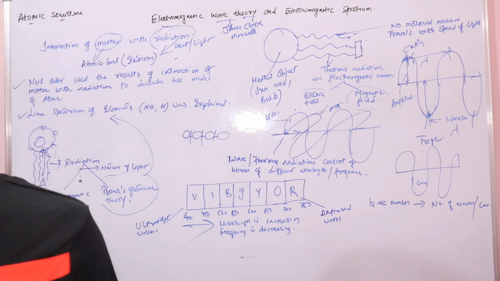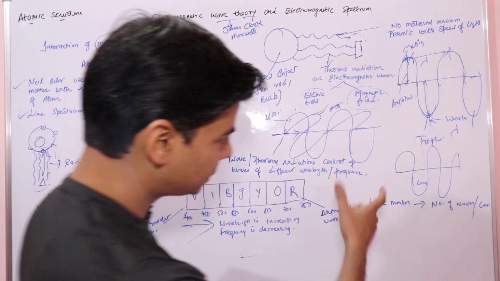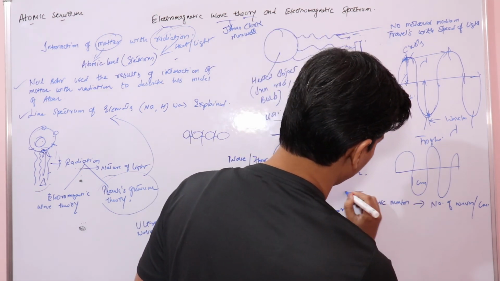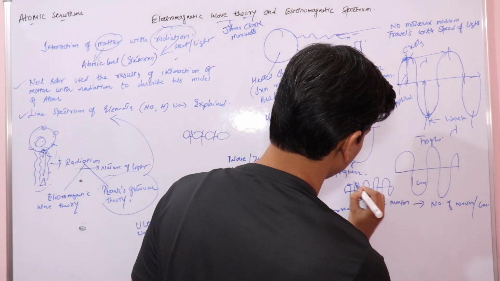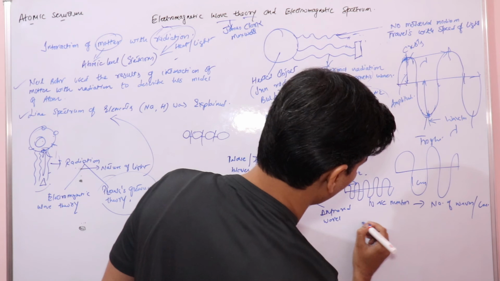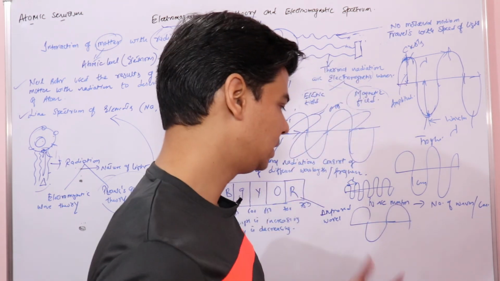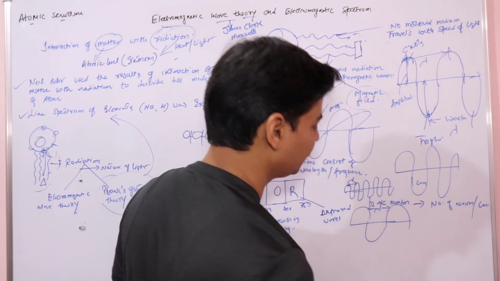So if in 1 centimeter length you have more waves like this, the wavelength is less. If you have fewer waves like this in the same 1 centimeter length, the wavelength is high, right?